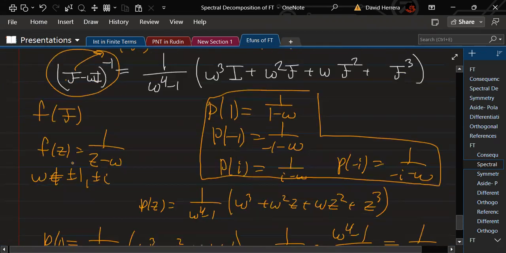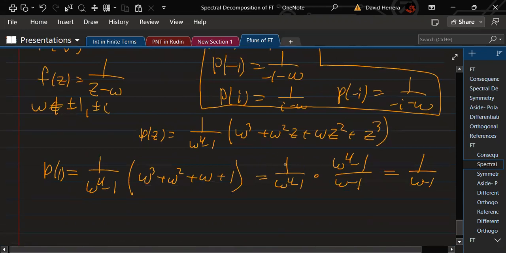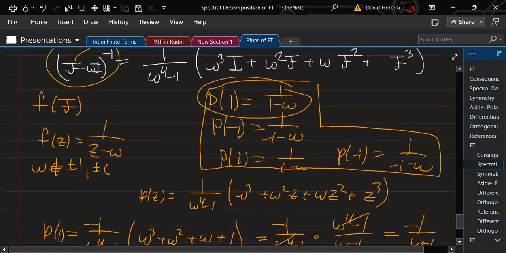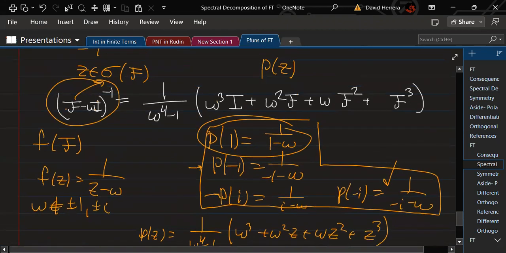So it definitely needs a negative sign. Negative sign here, negative sign here, and then these things cancel, they flip, which gives 1 over 1 minus omega, which is exactly this right here. And I bet if you check these other ones, they'll all be true too, because this needs to be true.